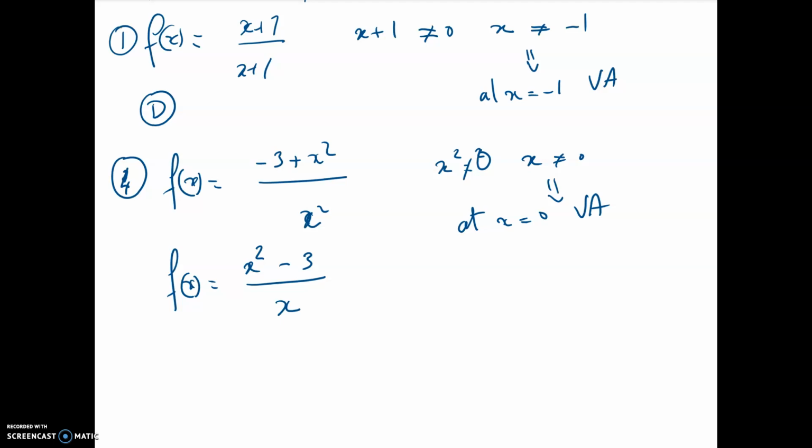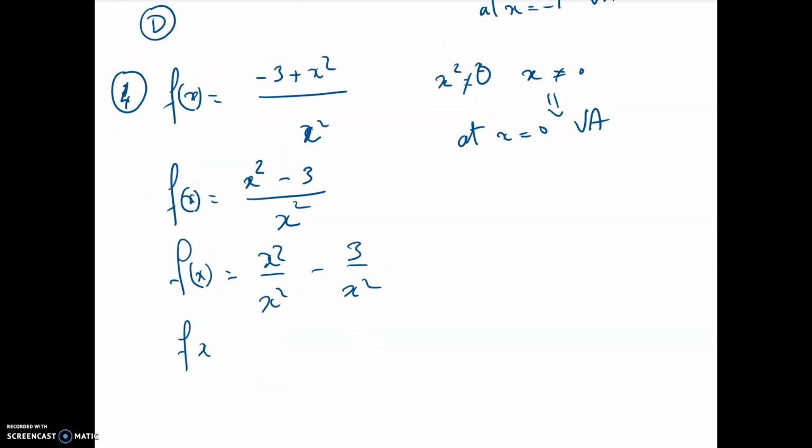And when I do that, I realize that f of x equals x squared over x squared minus 3 over x squared. So my function f of x can be written as negative 3 over x squared plus 1. And what does that mean? That means my function f of x also has, at y equals 1, a horizontal asymptote.